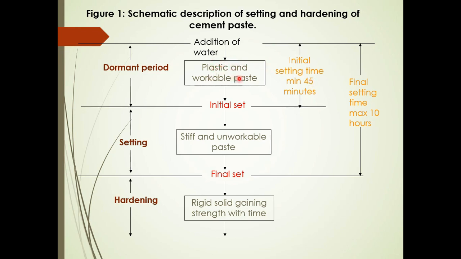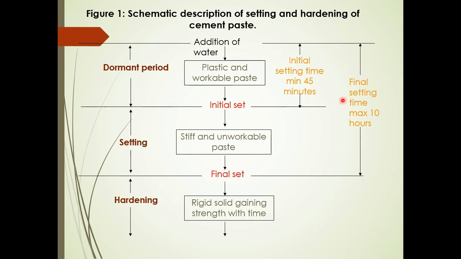In this condition the paste is plastic and workable. At the end of this stage is what we call the initial set. The next stage is the setting time, where the paste becomes stiff and unworkable. At the end of this stage is what we call the final set.